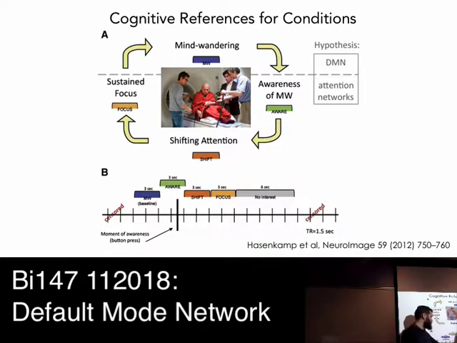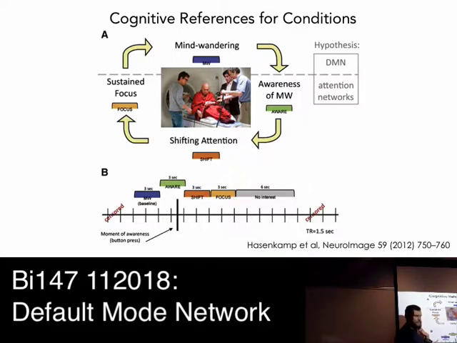So across the brain scans, they take a 3-second window around the button click and call that awareness. Before that is mind wandering, and they take only 3 seconds of that and delete the rest.